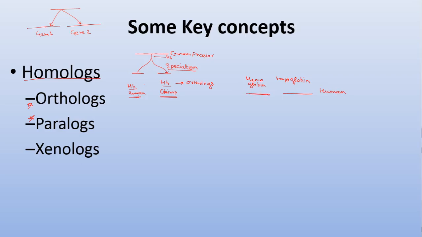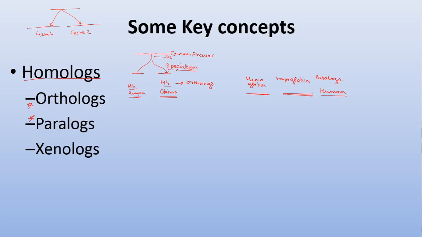So you have the hemoglobin gene and the myoglobin gene, and the two proteins or the two genes that perform different functions in the same species are called paralogs of each other. Now let us talk about how these paralogs arise.